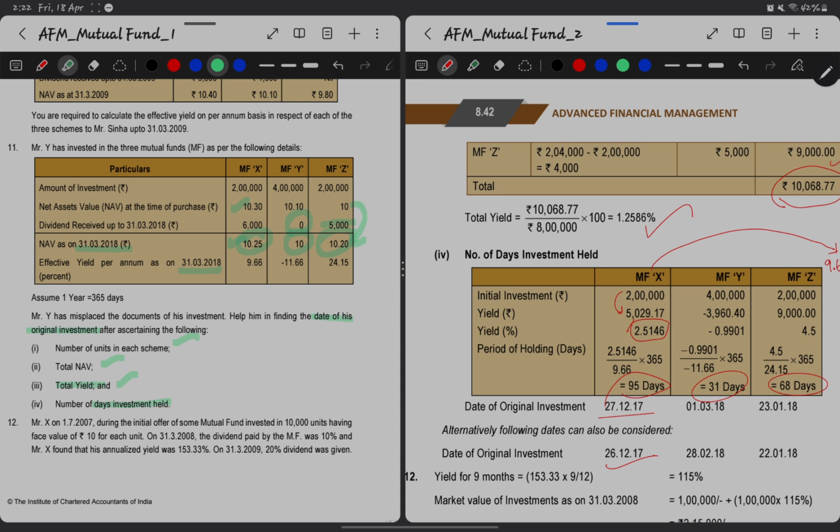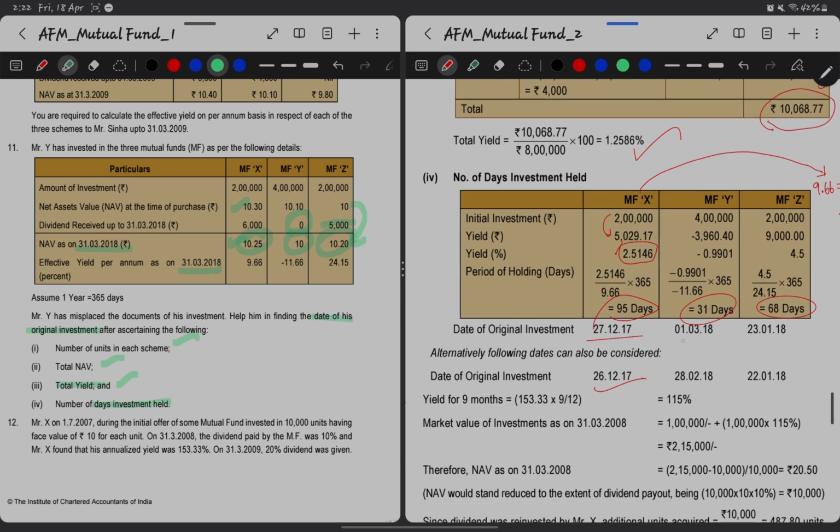So anything is fine in this case, and they have not mentioned anything like clear days. If that were the case, then we would have to take only the 26/12/17 and exclude the date, but when there is no specific mention of that, that's fine. So these are the original dates of investment. That's it. Thank you.